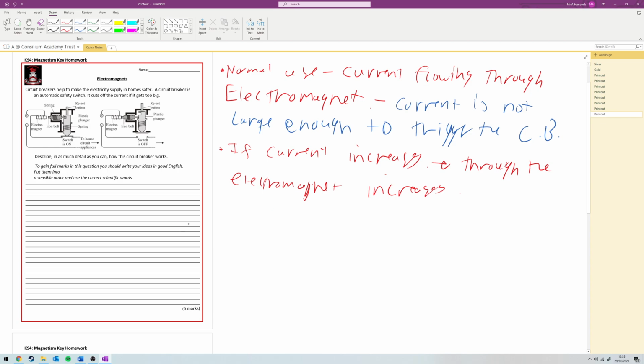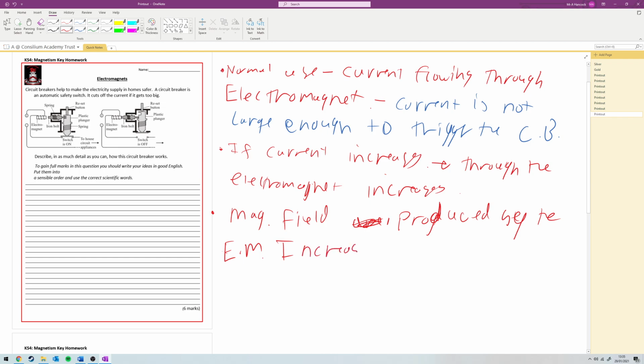If that happens, you've got a larger current flowing through the electromagnet, so the magnetic field produced by the electromagnet increases in strength.